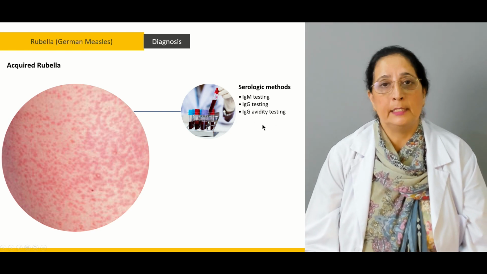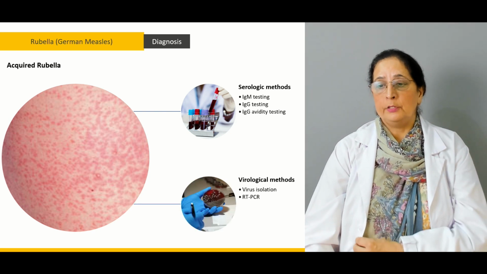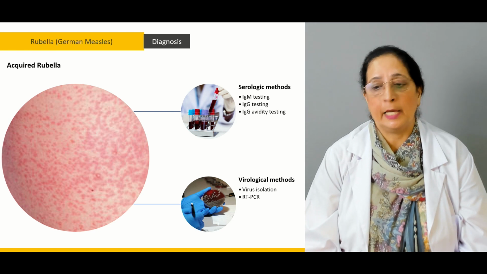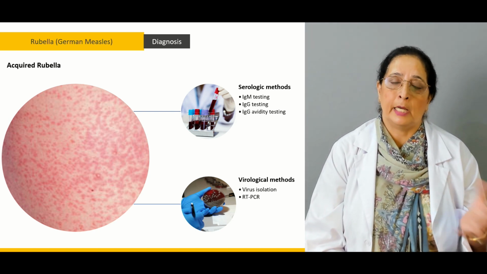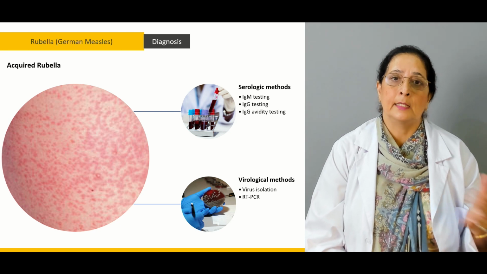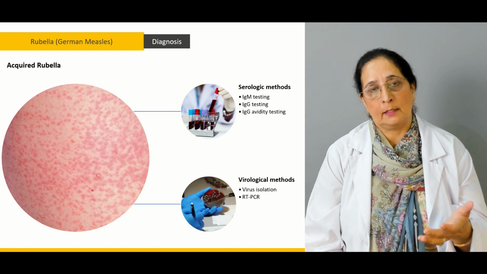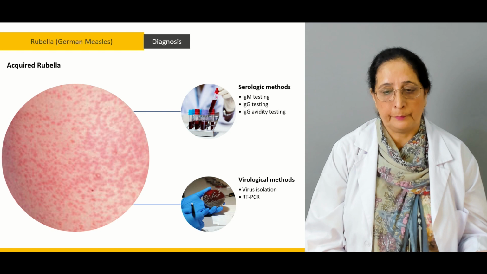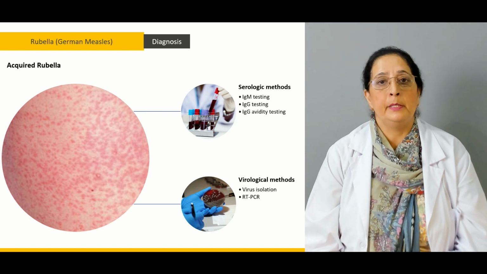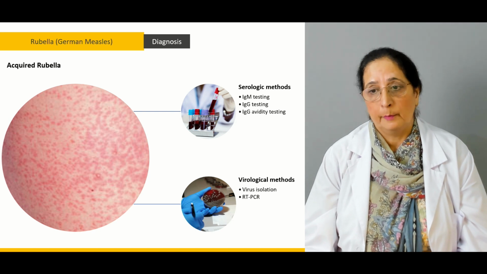Then virological methods for the diagnosis: isolation of the virus, as I mentioned for measles. Once the virus is isolated, that's a definitive diagnosis that this infection is present. And then the polymerase chain reaction test is also performed.